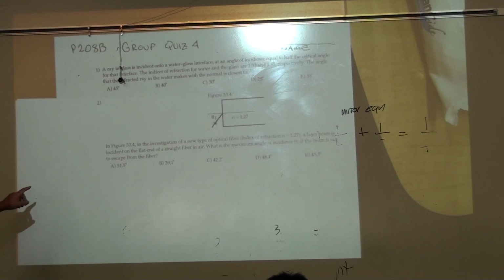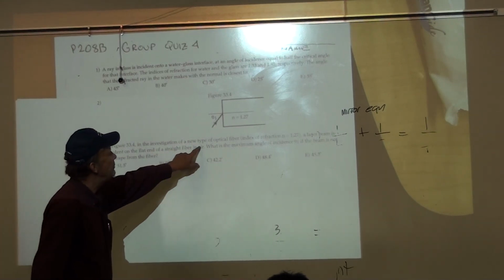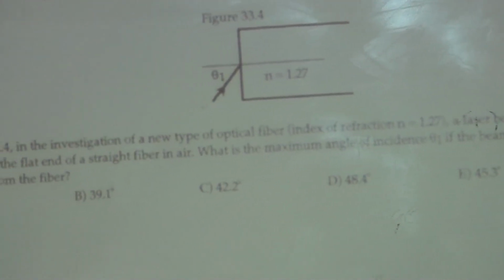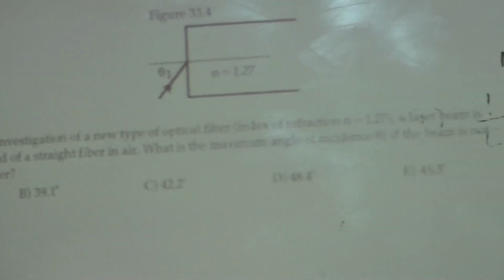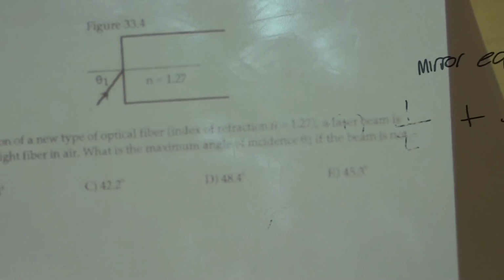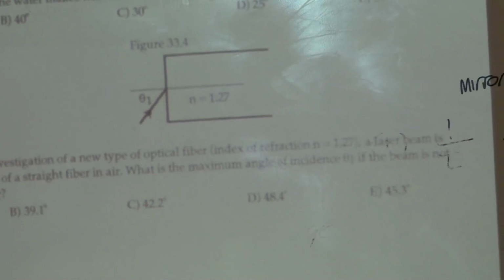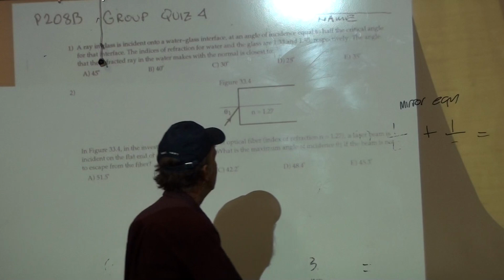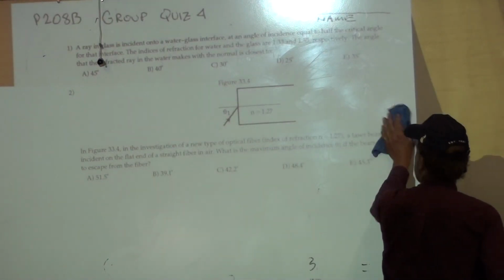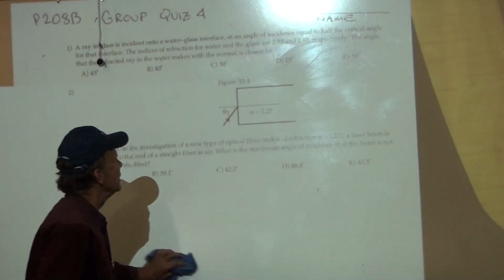In the second one, we're investigating a certain type of optical fiber that has an index of refraction of 1.27. We have an incident beam on the flat end of a straight fiber. What's the maximum angle of incidence so that we don't have any light escaping?